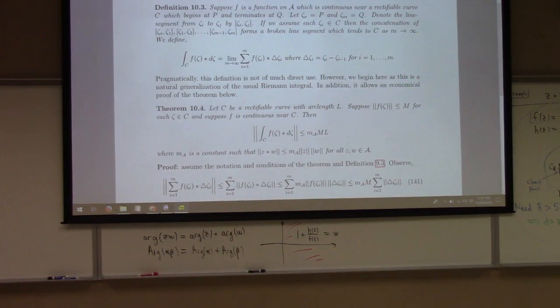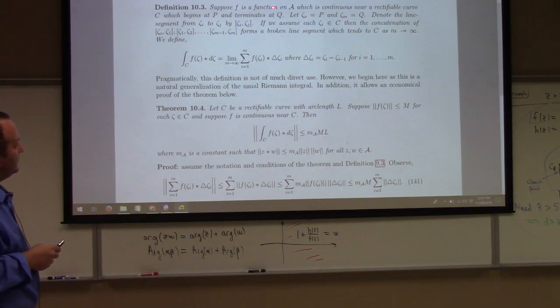Then to define the integral of a function on the algebra, the integral of f of zeta d zeta, I start with just this sort of generalized Riemann sum.